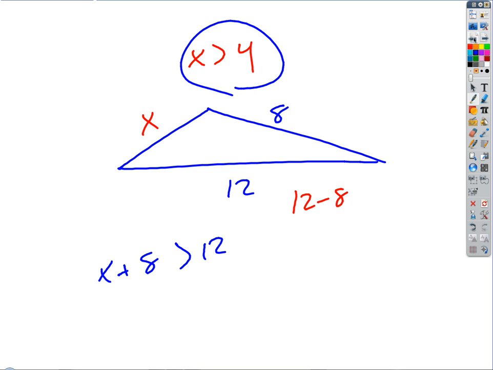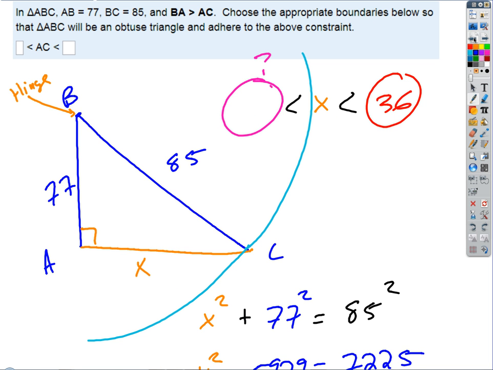So for our triangle, we've got 77 and x and 85. So what has to be true in our triangle? If we shrink x way down, still something has to be true. x plus what has to be greater than what? Yeah, good. x plus the other short side, 77, combined, has to be bigger than the longest side.